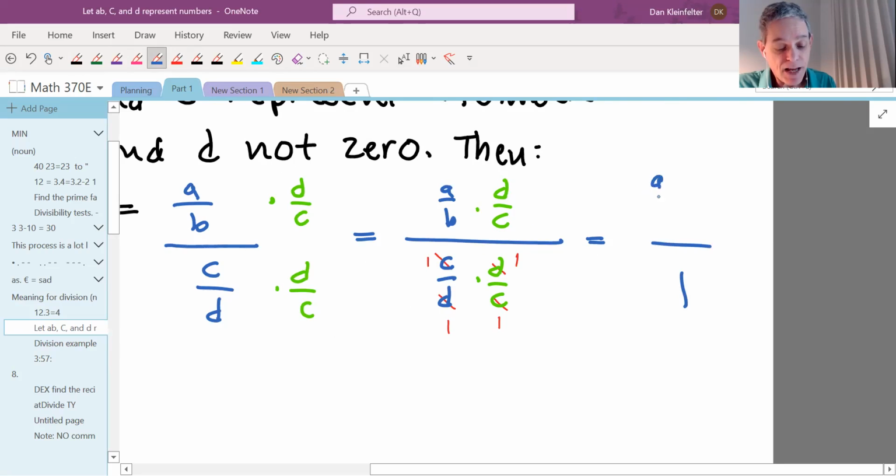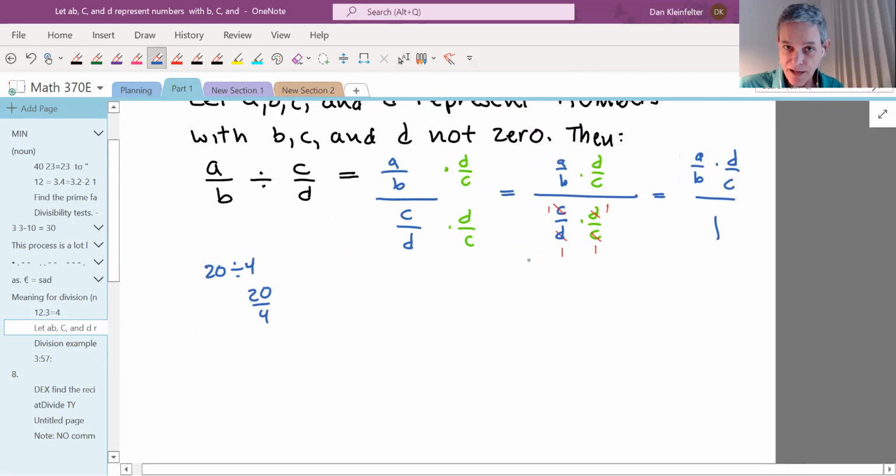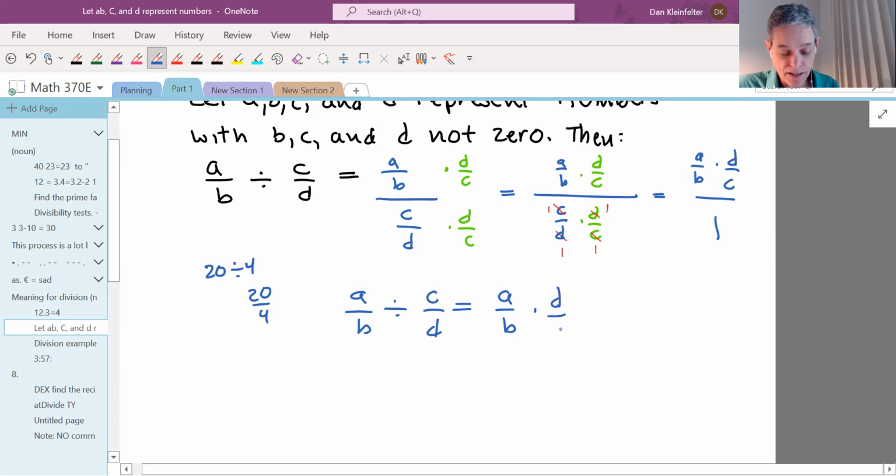And up top, we'll have A over B times D over C. Okay, so then, if you like, you can skip all this stuff in the middle, and we're going to end up with A over B divided by C over D ends up being the same as A over B times D over C. Okay, and how we got there, we used the fundamental property of fractions. We used the fundamental property of fractions again to simplify that denominator. And then we know any number divided by 1 is just going to be that number. So we followed the rules.